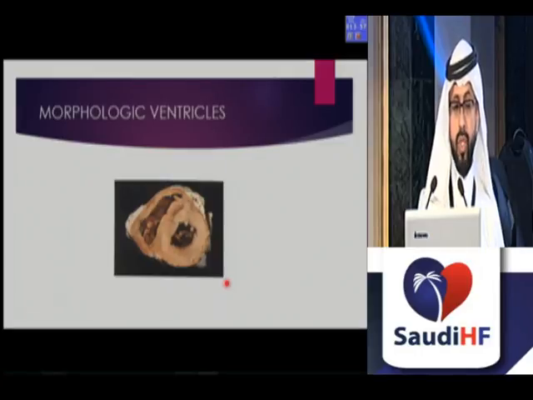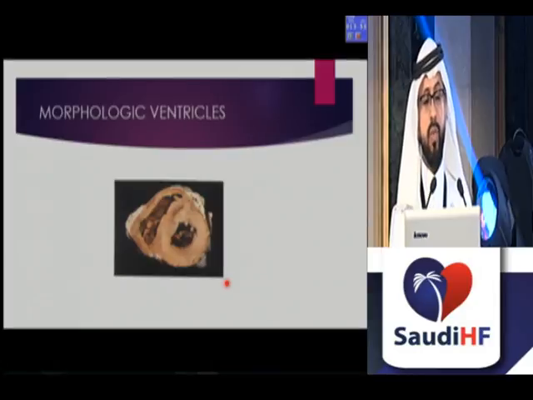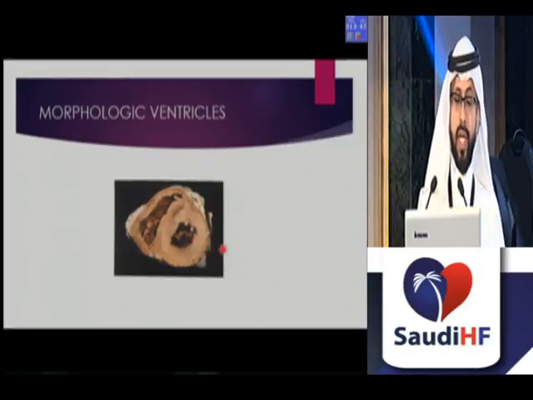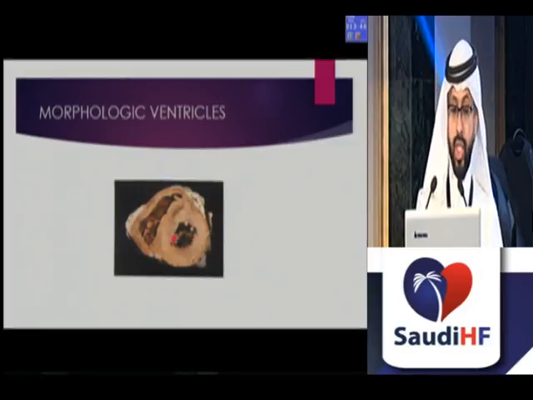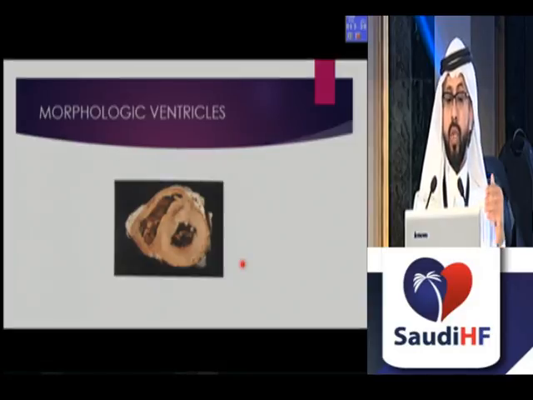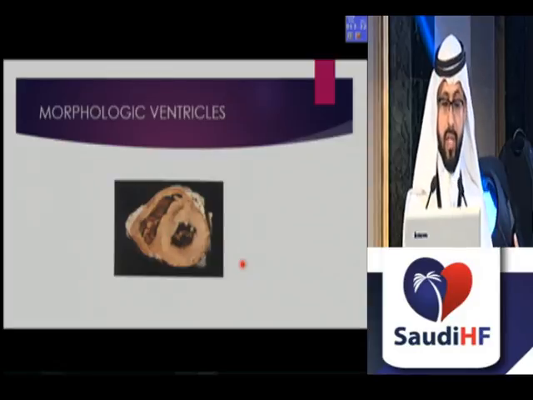We'll stop for a minute here to describe the difference between the left morphologic and the right morphologic ventricle. As you can see here, the left ventricle is cylindrical in shape, and it has thick muscles with a special arrangement of the myofibrils, and it was set to pump blood against high pressure and high vascular resistance.